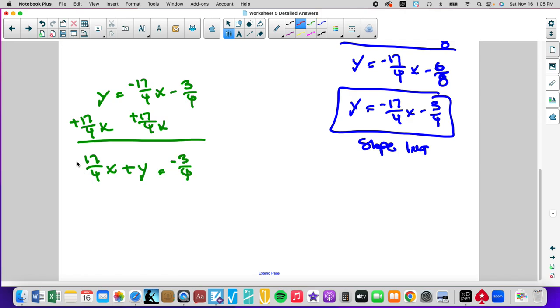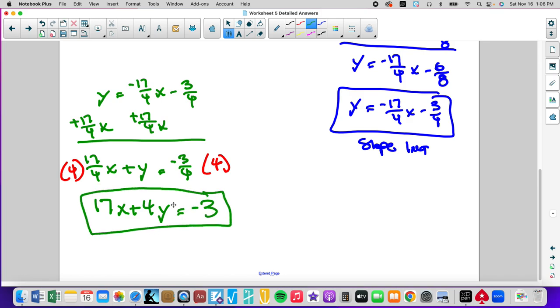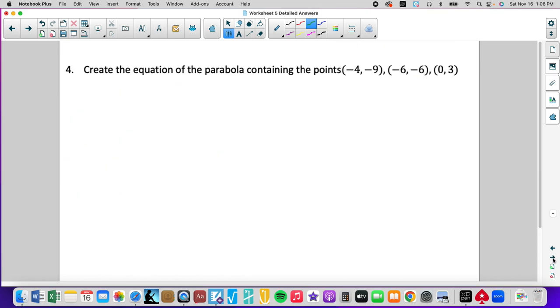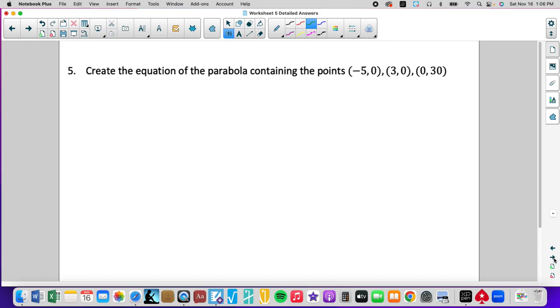And we're going to multiply everything by 4. Get rid of that denominator. Multiply everything by 4. And so that creates 17x plus 4y equals -3. And that looks nice and clean. That's standard form. 17, 4, and -3. Let's see if that's correct.